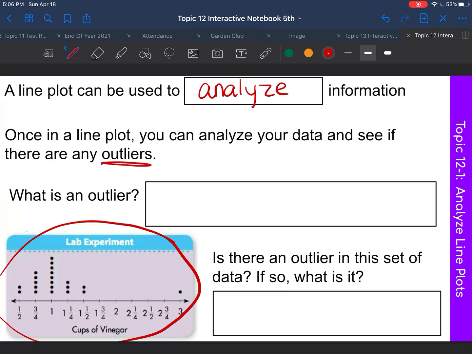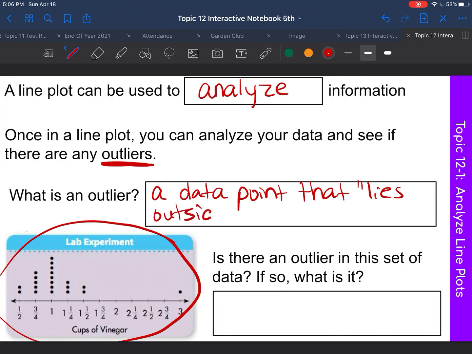So the word outlier is really just a data point that lies outside. Outlier lies outside the data.